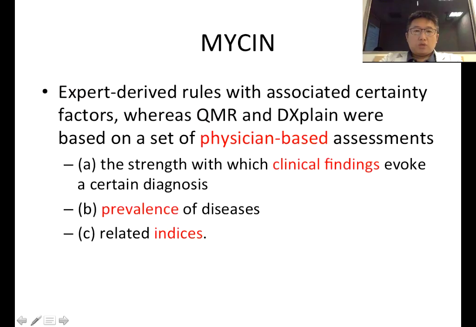The important thing is MYCIN is a physician-based assessment. So it utilizes the clinical findings, and they also consider the prevalence of disease, and also some benchmarks for the classification of disease.